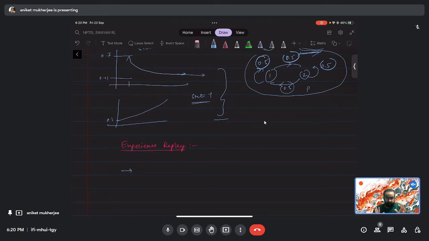Both are basically the same concept. It's basically experience replay. You have memory, and you store all the trajectories. Anytime you go, you store the trajectories. Now, when you want to update, you don't update on what action you have chosen. You update on the memory.